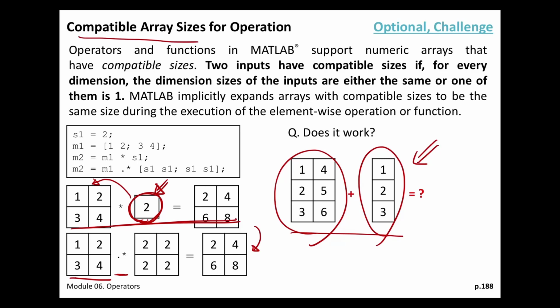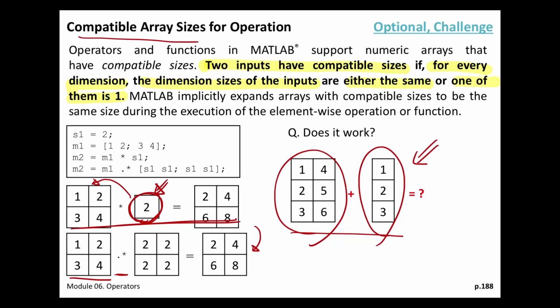Okay, this comparable array size is similar. Two inputs have a comparable size if for every dimension the dimension sizes of the inputs are either the same or one of them is a 1. MATLAB implicitly expands the array with a comparable size to be the same during the execution of the element-wise operation or function.